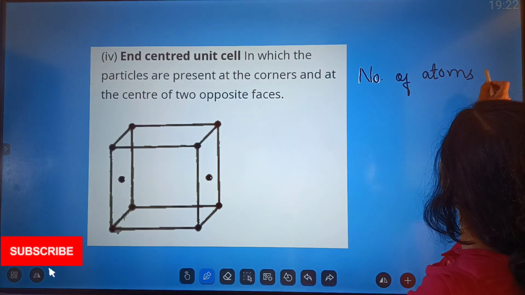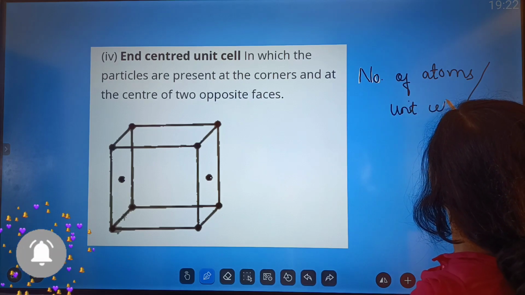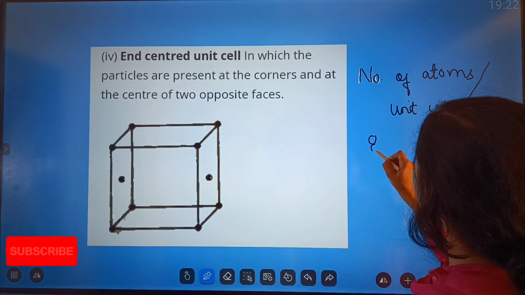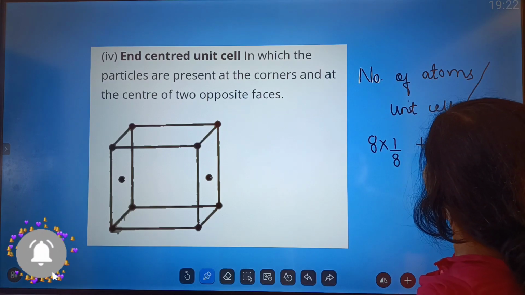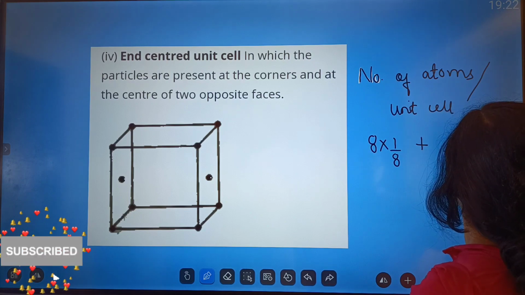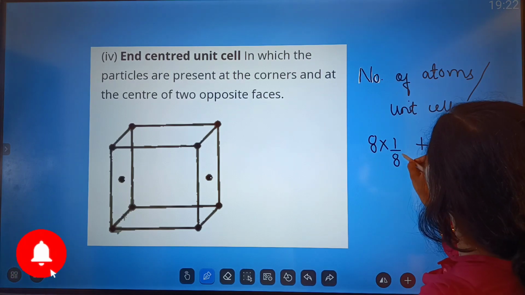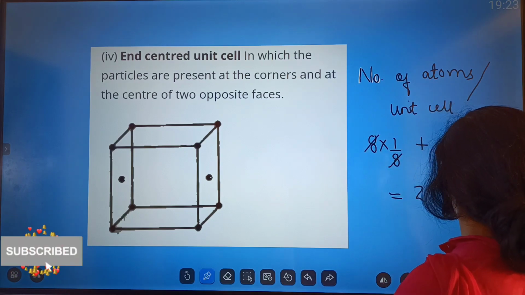The number of atoms per unit cell in it will be 8 into 1 by 8 plus these 2 atoms, which are shared by 2 unit cells. So the number of atoms per unit cell is 2.